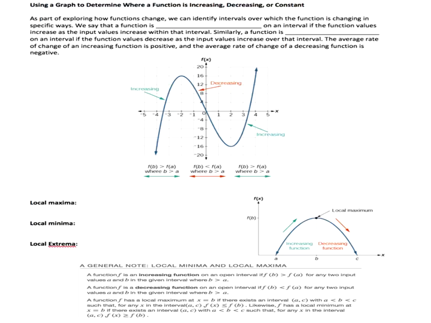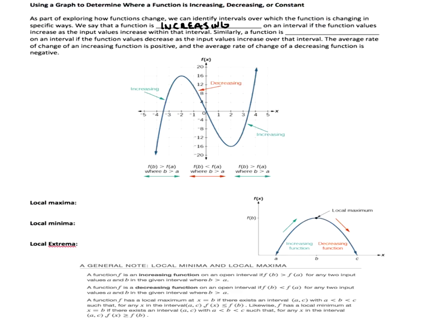All right, as part of exploring how functions change, we can identify intervals over which the function is changing in specific ways. So we can talk about a function increasing on an interval if the input values increase while the output values are increasing.